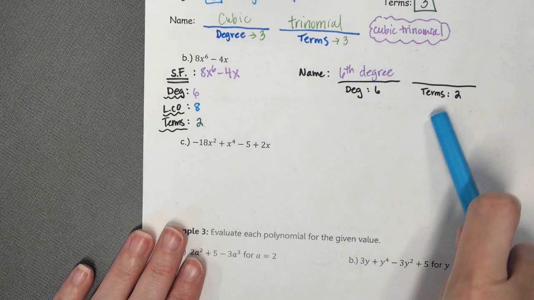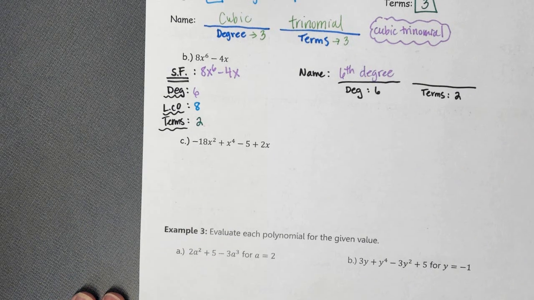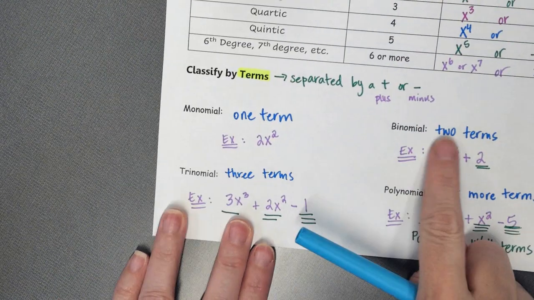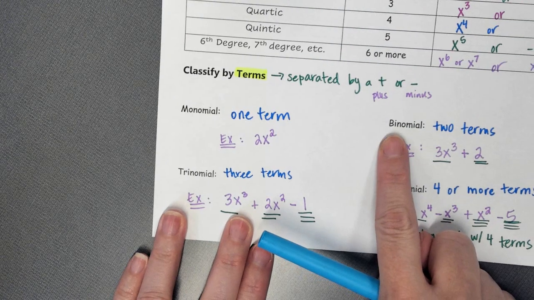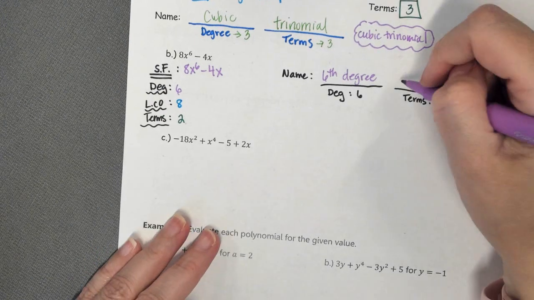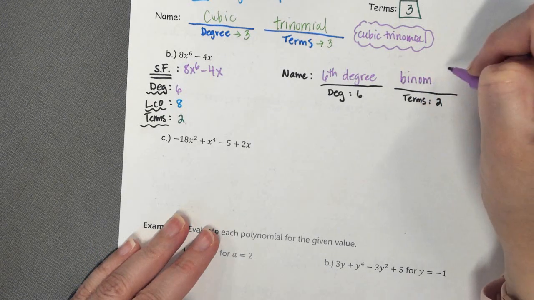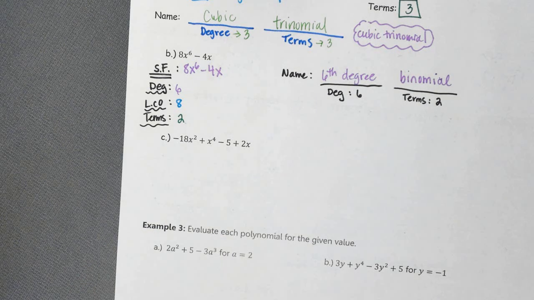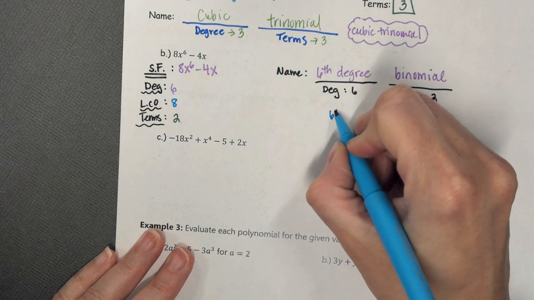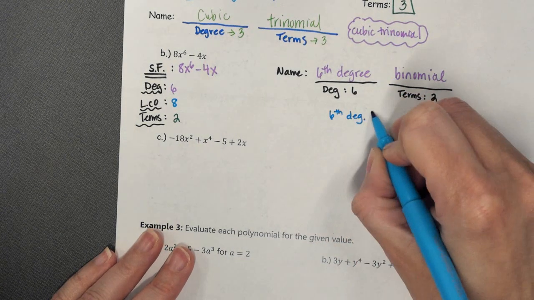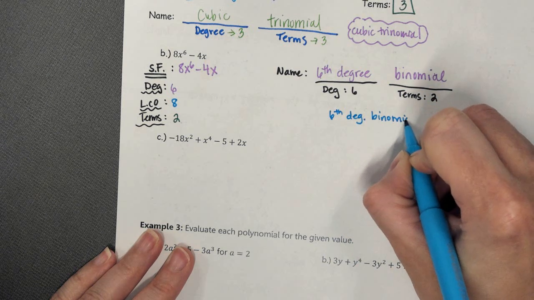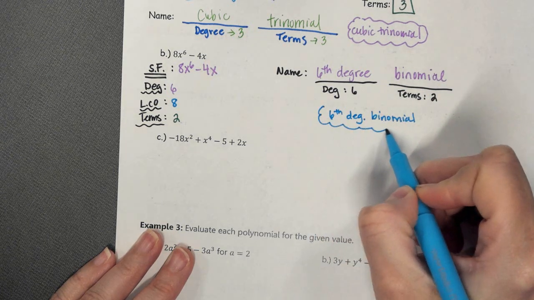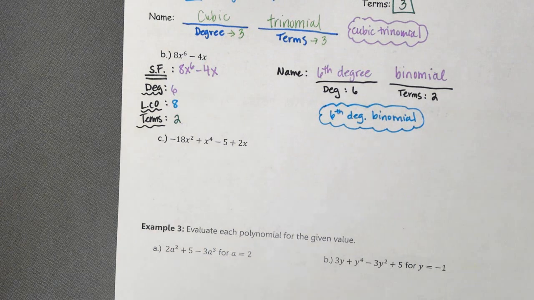And then if it's 2 terms, again, we can look back here. 2 terms is called a binomial. So 6th degree binomial. So when you're writing this down, it's just 6th degree binomial. That's how you'd write your answer on the line.